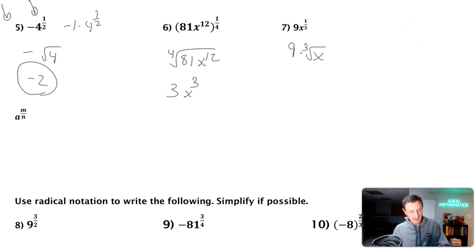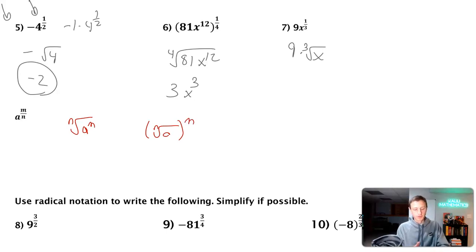Okay, next form, a to the m over n. So now we have that same thing where we have n as the denominator, so that indicates our index. But now we have this numerator of m, that is the exponent. So this could be a to the m underneath the nth root radical, or it could be the nth root of a being raised to the m.